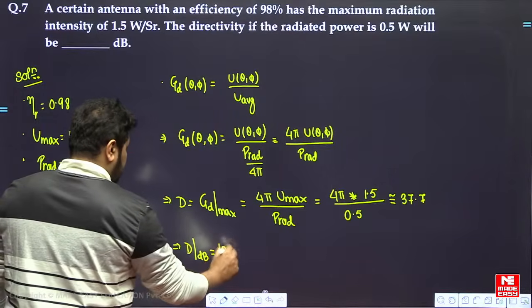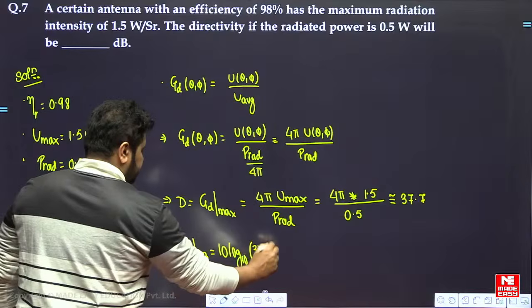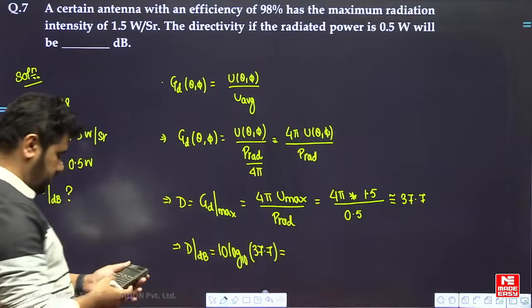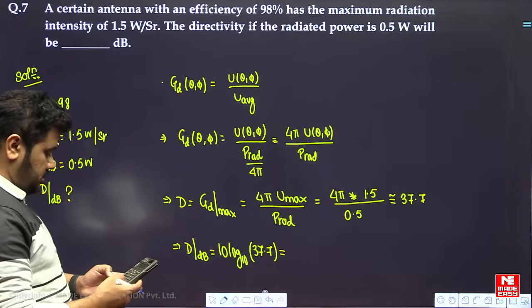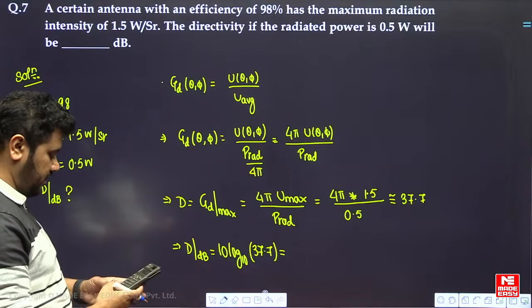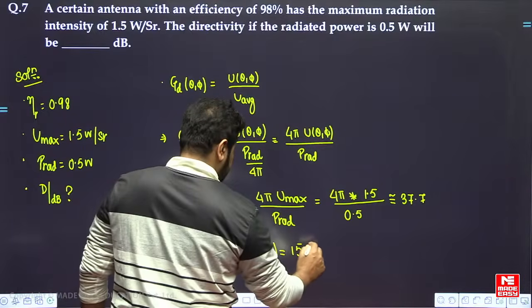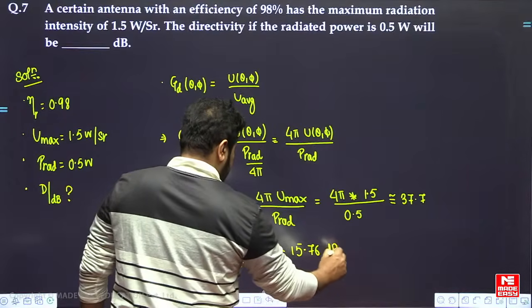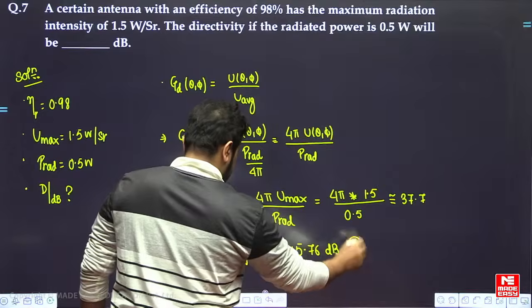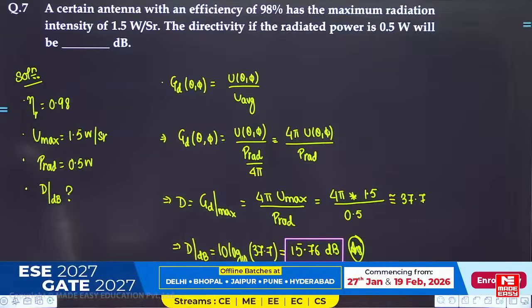It is equal to 10 log 10 of 37.7, right. So log 37.7 into 10, it is 15.76 dB. So this should be the answer. Yes, 15.76 is the correct answer.